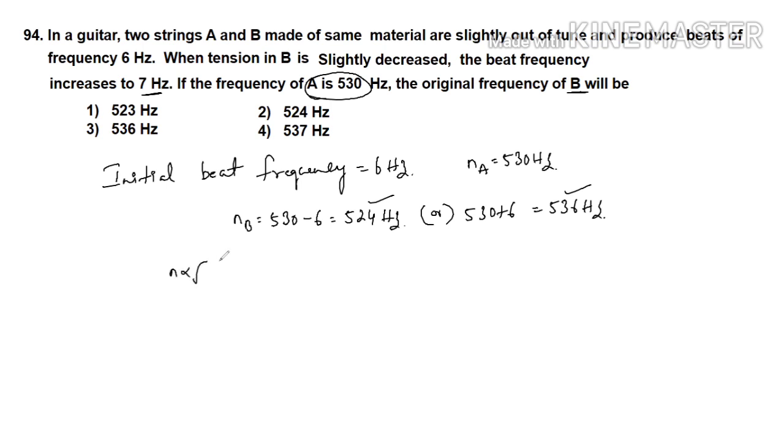Frequency is directly proportional to root T. Now the tension is decreasing. If the tension is decreased, then the frequency of B also decreases. So the value of nu B will be 524 only. Move to the next slide.